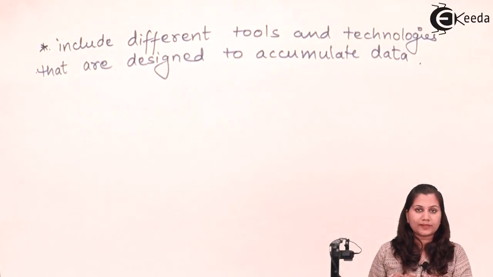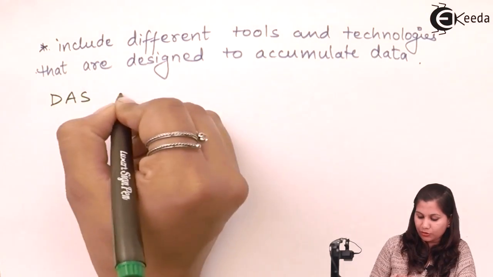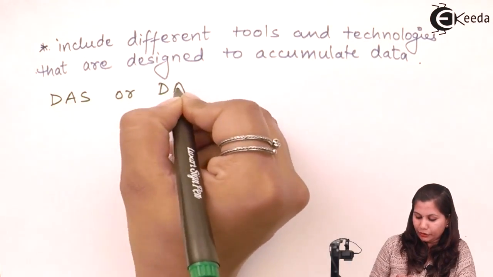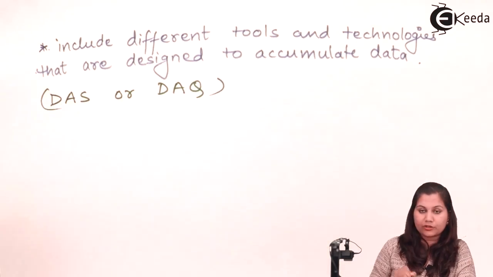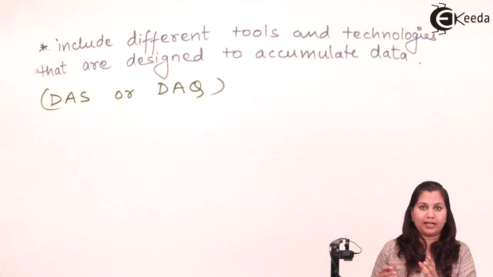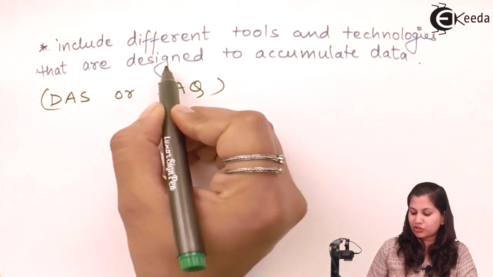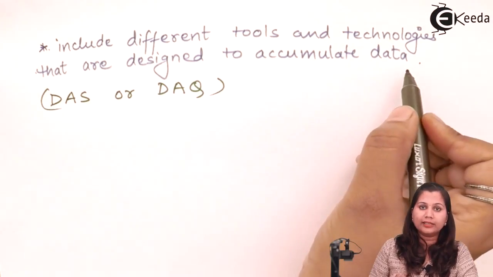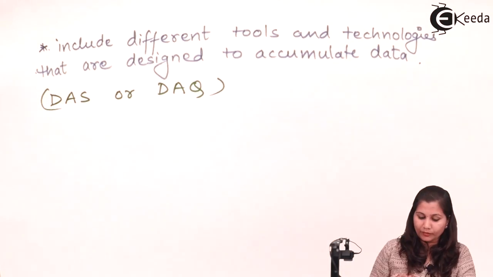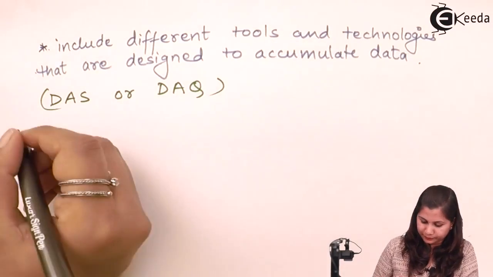These data acquisition systems, which are also called DAS or DAQ, which is the short form of data acquisition system, because they are collecting, storing and processing the data, include different tools and technologies which are designed to accumulate the data. Okay. Now let's see what are the various components of a data acquisition system.